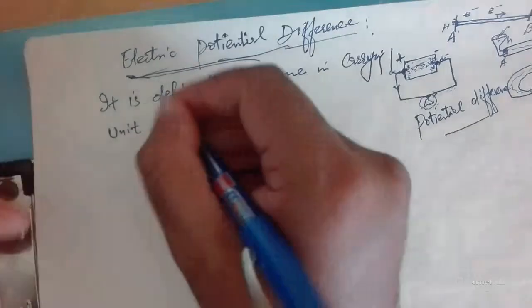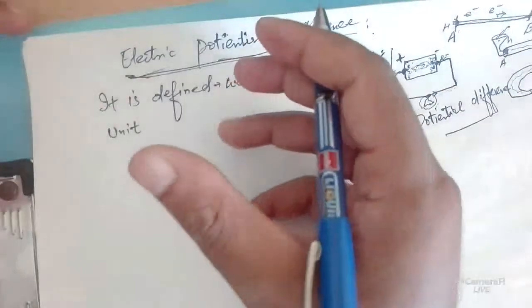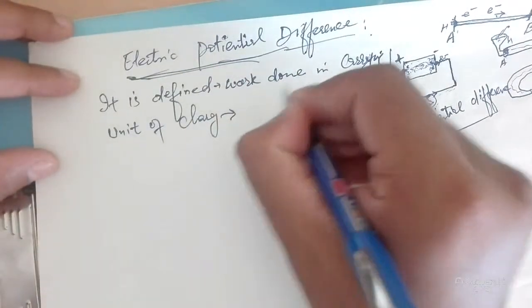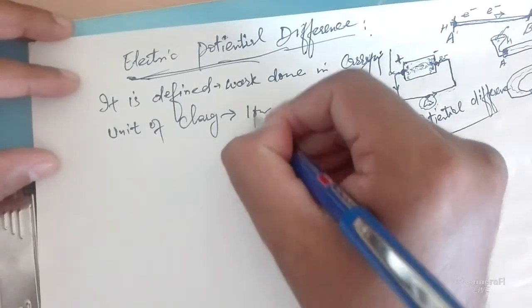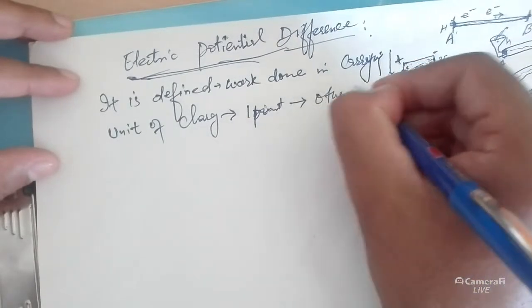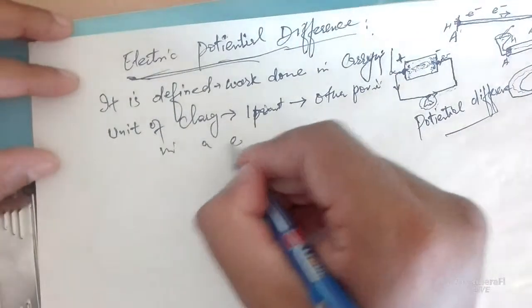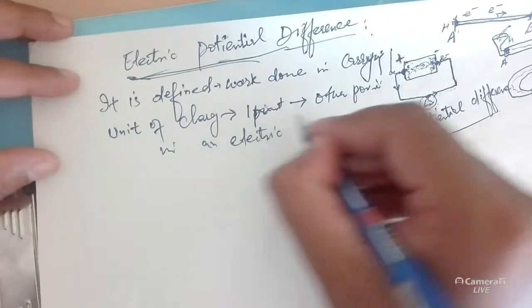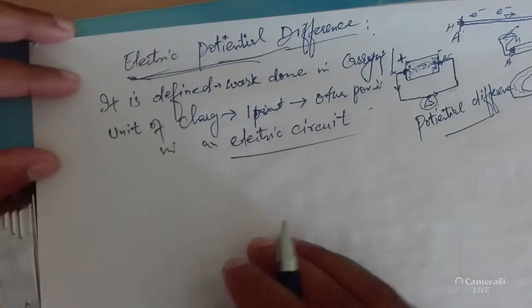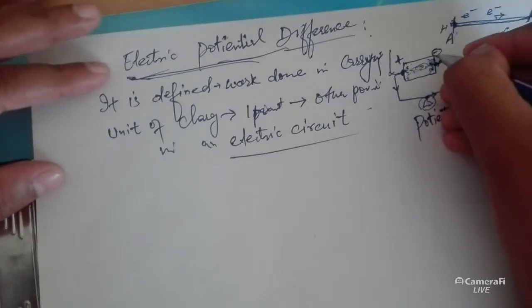Unit means anything: suppose one charge, 10 charges, 100 charges.